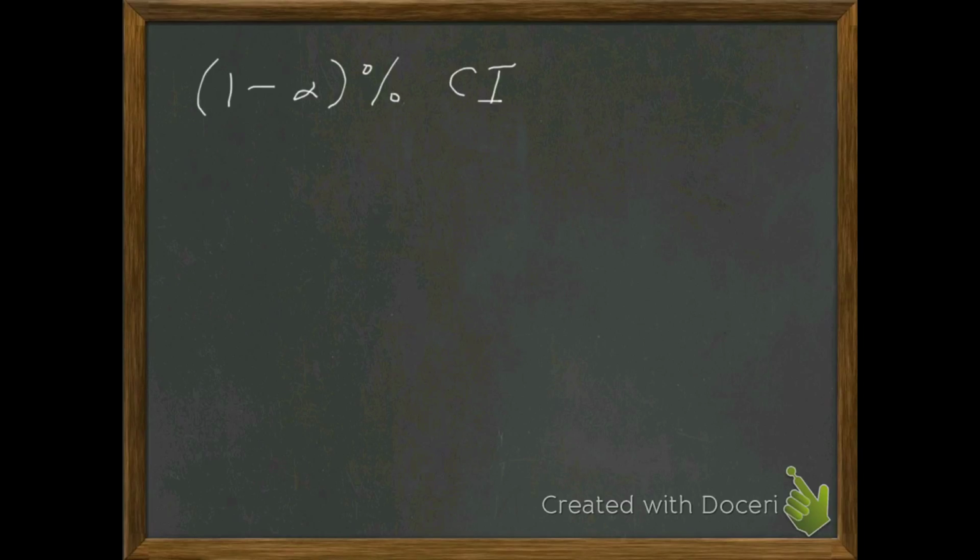What we have here, as I showed you earlier, is our t critical times the standard error for beta 1.